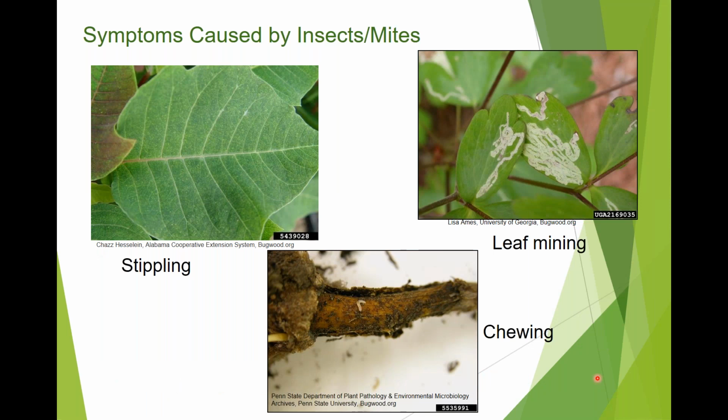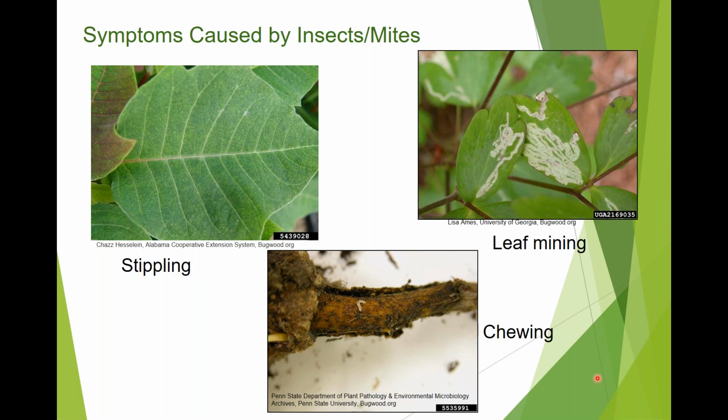Now, there are symptoms that can be distinctive to particular feeding injury from arthropods. The symptom called stippling is this little sort of flecking, light-colored small spots across the leaf, and that is very often caused by the feeding activity of spider mites.